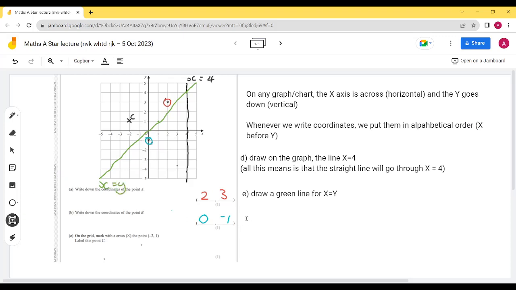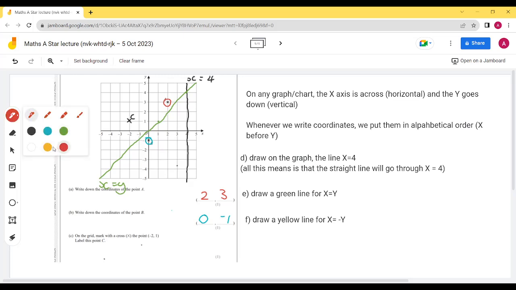But finally, I'm going to show here, we'll say, draw a yellow line for x equals -y. And so if you have x equals -y in a graph, it's just going to do the opposite.